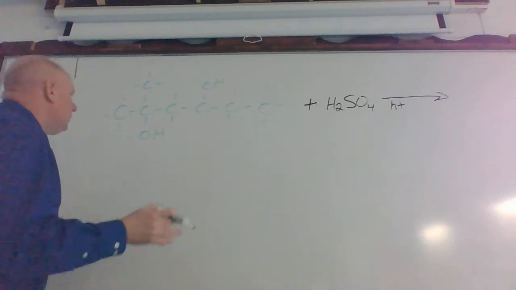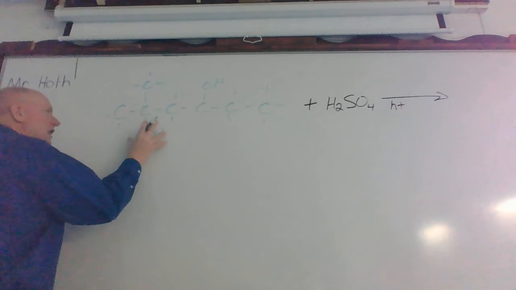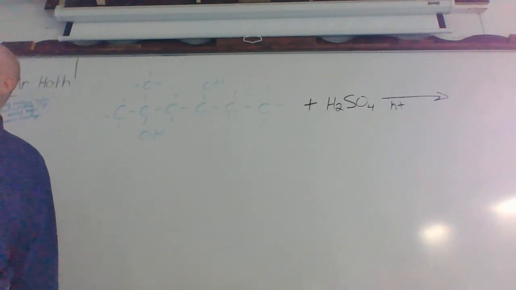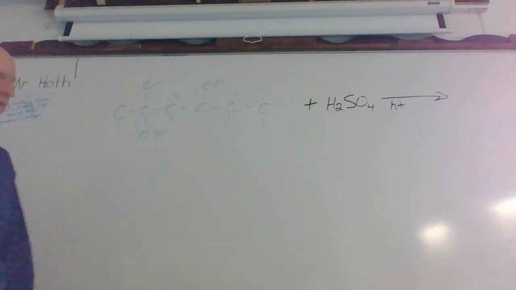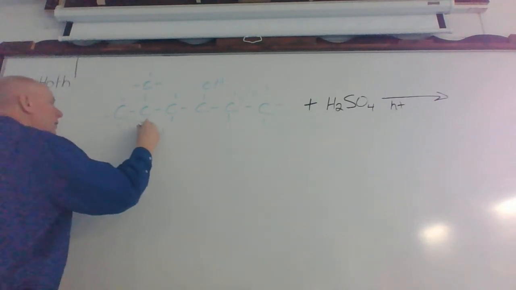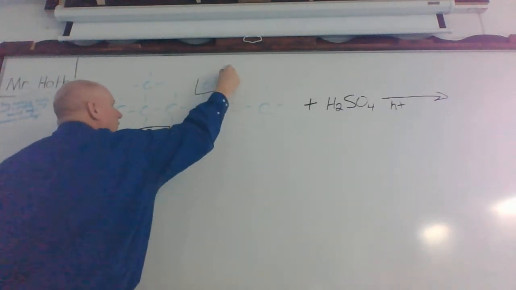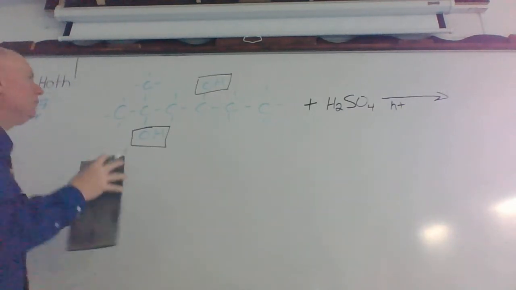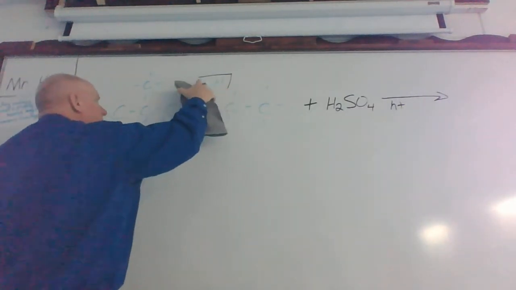So, what happens to these guys? When you dehydrate, we already know what's happening. You're losing the water. So this gets stripped off, and for our practical, I meant to take the bond along too, because that would disappear as well.